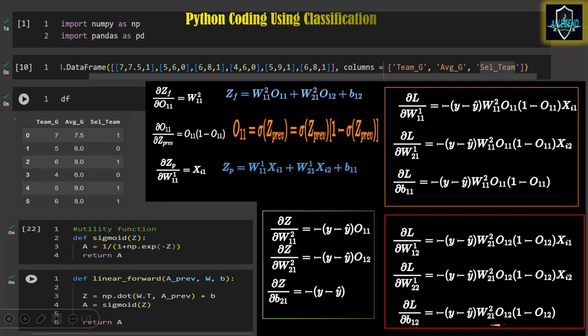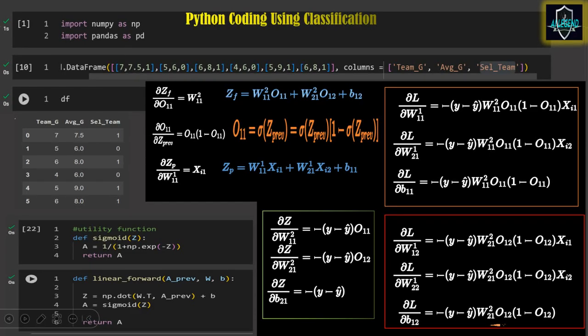Similarly here, O11 is sigma of Z prime, and del O11 over del Z prime is equal to O11 times (1 minus O11), and Z prime is equal to W111 XI1 plus W121 XI2 plus B11.